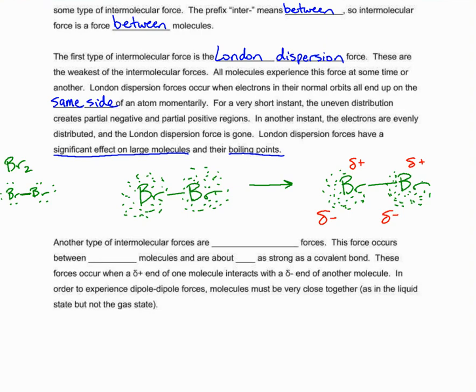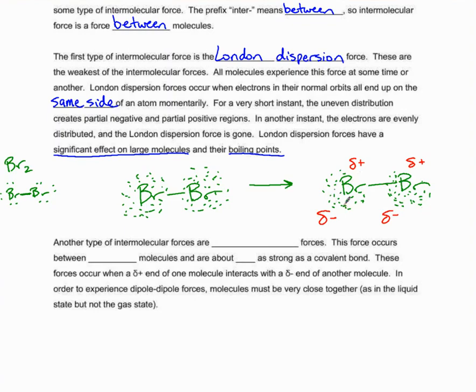It's an interesting effect because if you look at a periodic table that's in color, like the one on the wall in our classroom, bromine's atomic symbol is blue. Most of the atomic symbols are black. A couple of them are red. Bromine is one of two that has a blue symbol, and that's because at room temperature it's a liquid. And it's because of this London dispersion force. These atoms are so big that they tend to become unevenly distributed.